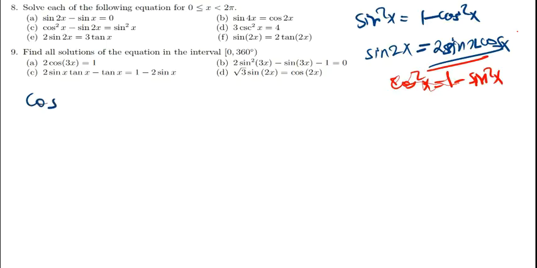Since we have this, I had to shift this to the other side, not so? Or I leave it here.